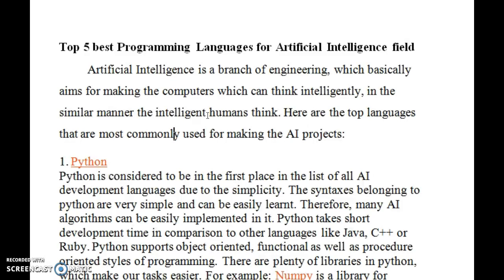Being an MTech researcher, I understand that this field is very important. So I searched to find some good output about that, and I got to know that there are some programming languages for artificial intelligence, and I have collected the top 5 best programming languages.